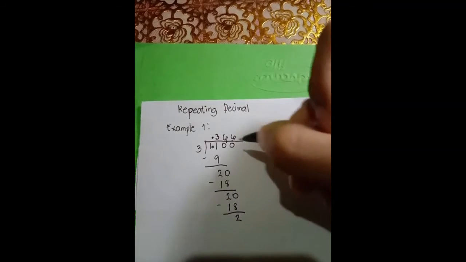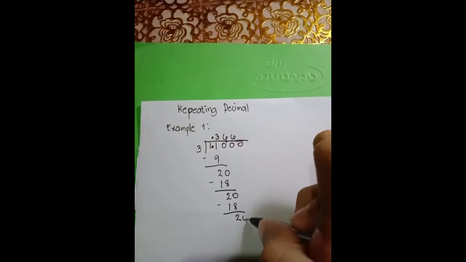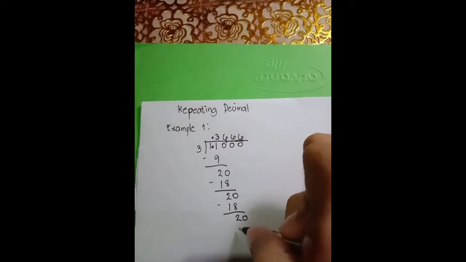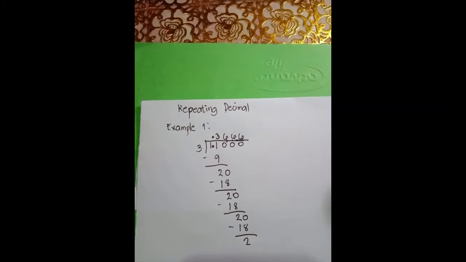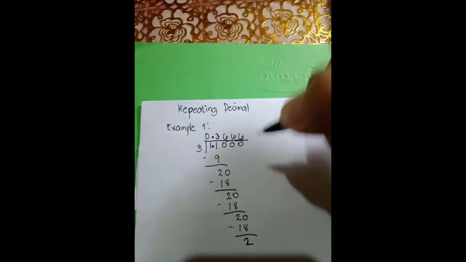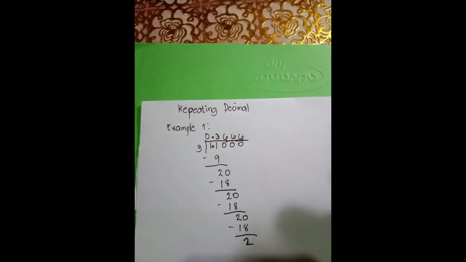As you notice, we are just repeating here. So add 0 again, then bring down 0 and divide. We have 6, and then it repeats. So it will not end, it is endless. Therefore, the answer here is 0 and 3, 6, 6, 6, 6, 6, or let's say it is repeated.